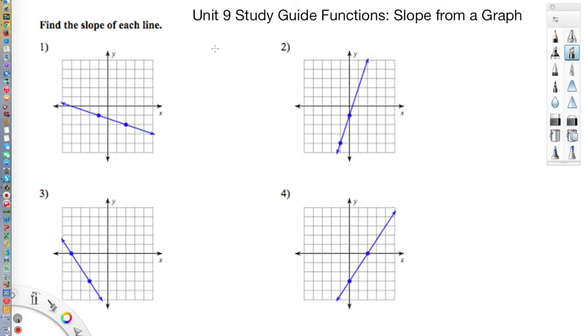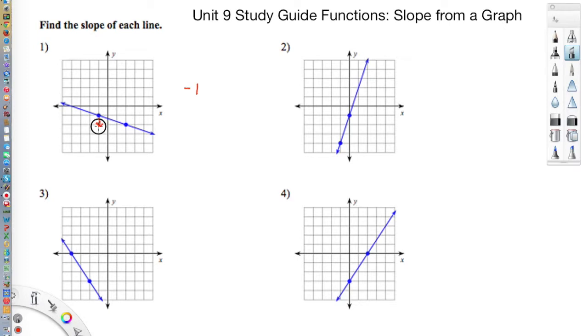Let's find the slope from a graph. All you need to do is find 2 points. You want to find 2 points that have clear points of intersection, so you don't have to guess what their x and y values are. But all we're doing is we're taking a look. When I go from this point to this point, I am dropping 1. I'm going down 1, so that would be my rise. My rise is actually a fall. It's a negative 1.